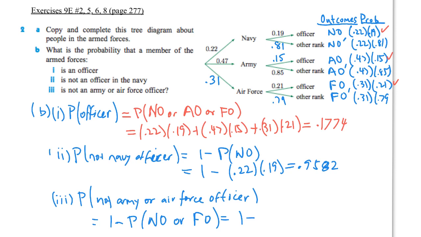So it's 1 minus the Navy officer minus the Air Force officer. Okay, so I'm going to get 0.8644 for that.